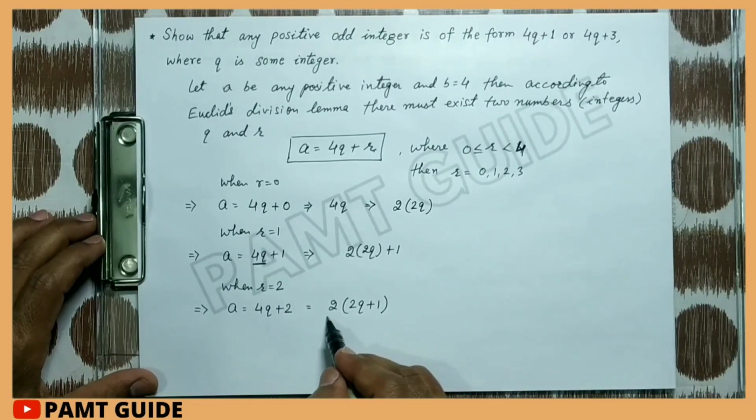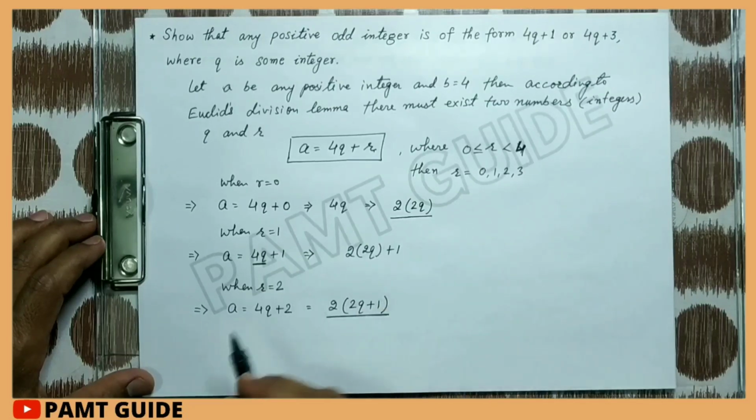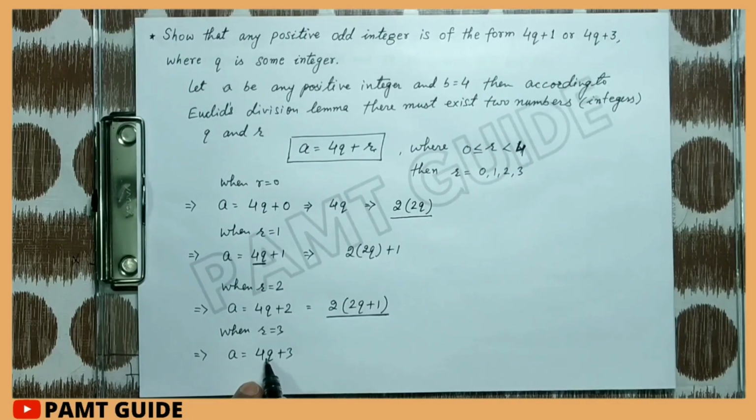Now it is in the form of multiple of 2. And when r equal to 3, then a equal to 4q plus 3. We are not able to take 2 as a common from 4q plus 3. So when we divide 4q plus 3 by 2, then 2 2s are 4 and 2 1s are 2, but here is 3.